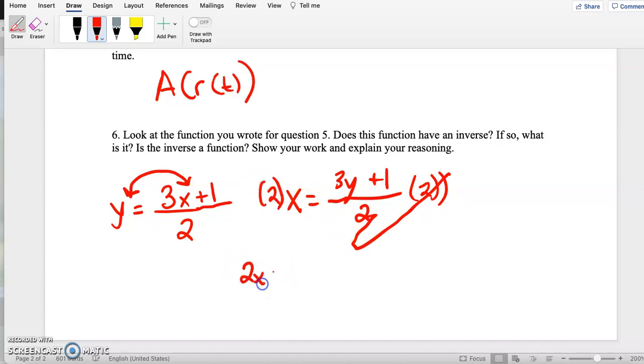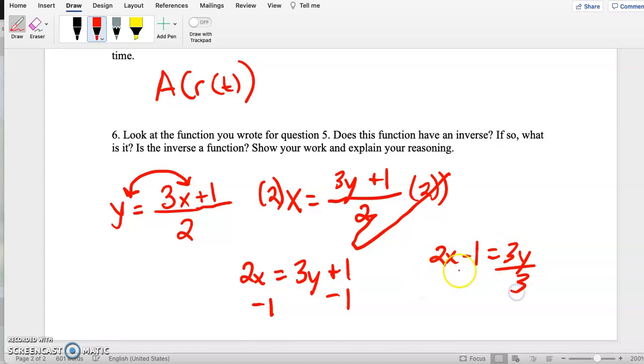So I get 2x equals 3y plus 1. Subtract 1 on both sides. I get 2x minus 1 equals 3y, divide by 3. And finally, my inverse is y equals (2x minus 1) over 3.